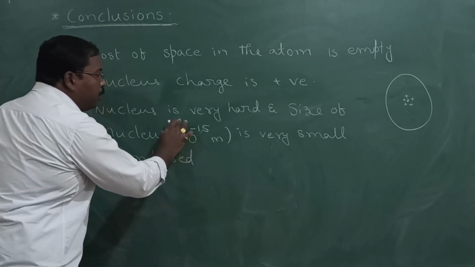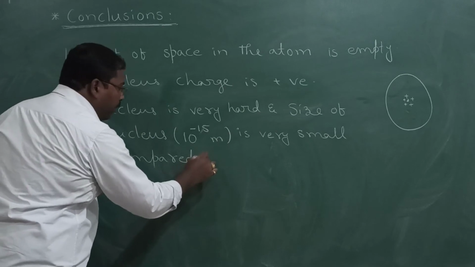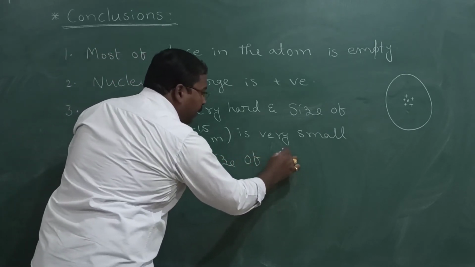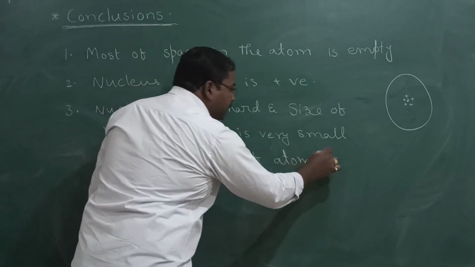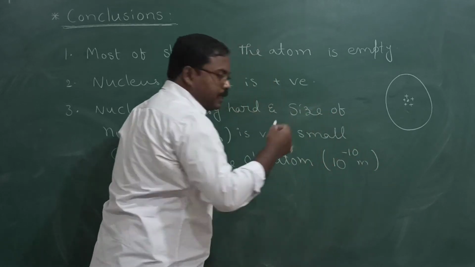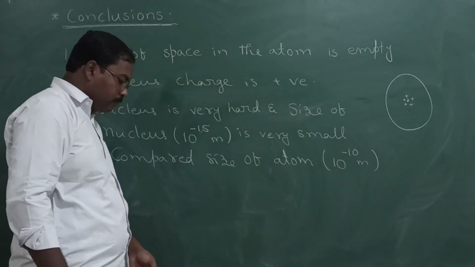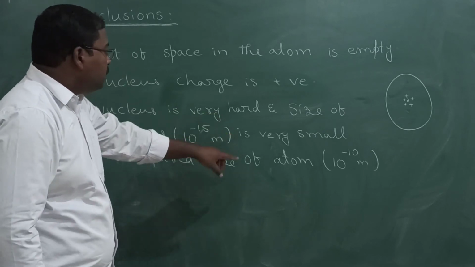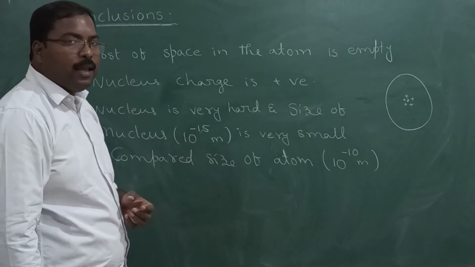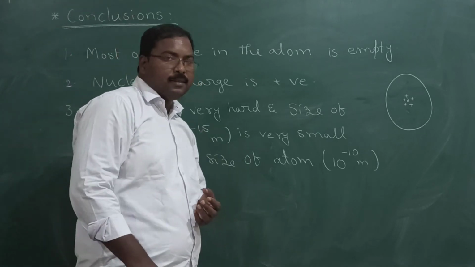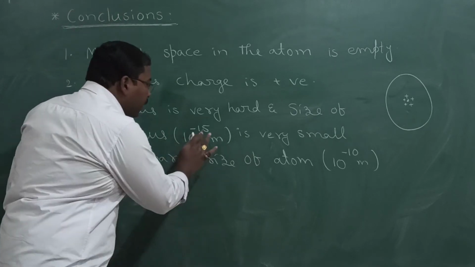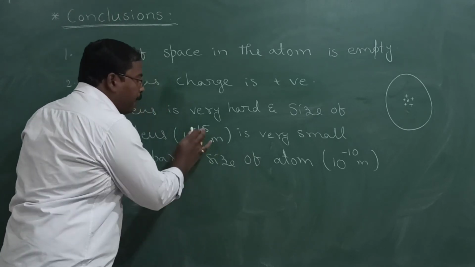Size of the nucleus is very small compared to size of atom. Size of the atom is approximately 10 to the power minus 10 meters. Okay? So if I ask you a question, size of nucleus is how many times smaller than atomic size means? What you will say? It is 10 to the power minus 15 meters approximately.